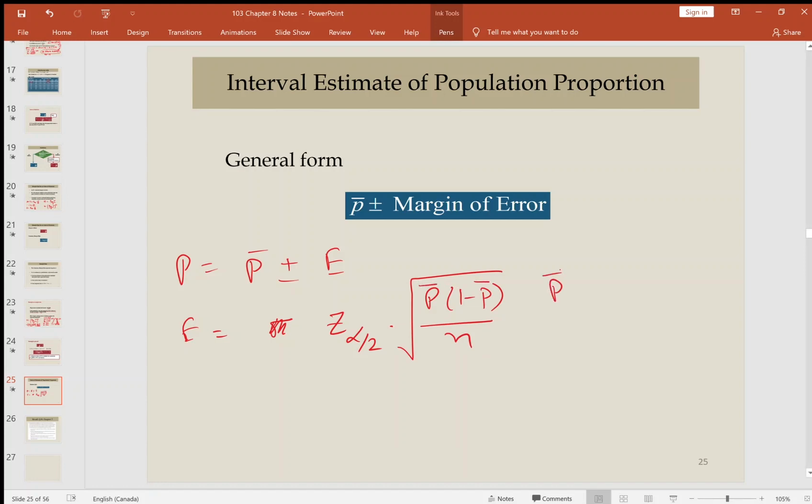P bar is the sample proportion that will be given to us, and n is your sample size.